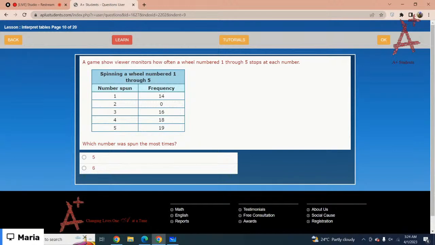Got it? So the correct option is 5. Just select the correct option and click on the OK button.